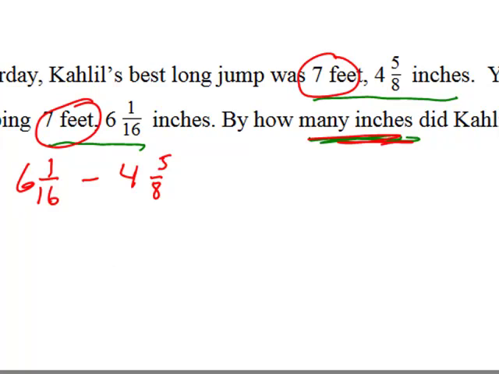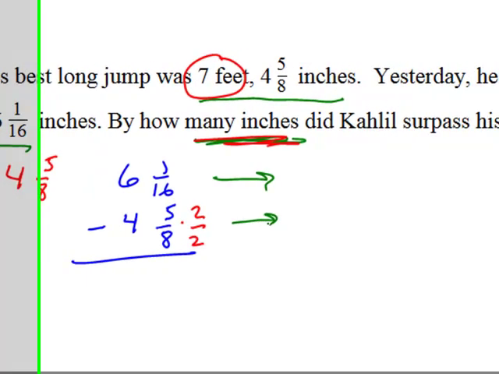So this is going to be set up similar to the way we set up adding the mixed numbers, where we had 6 1/16 minus 4 5/8. The first thing we must recognize is we do not yet have a common denominator, and that the common denominator is 16. So we'll multiply this fraction by 2 over 2, and then we'll start fresh. We'll see what we have now.